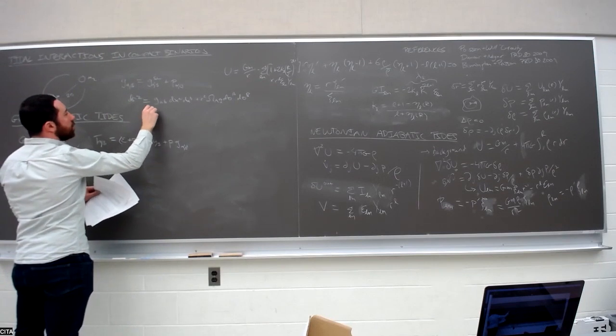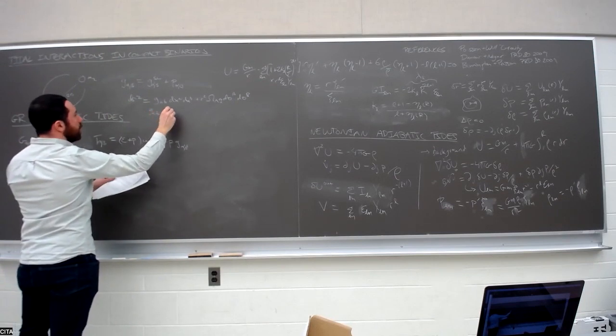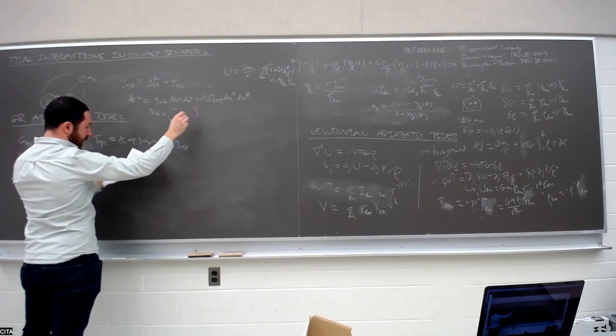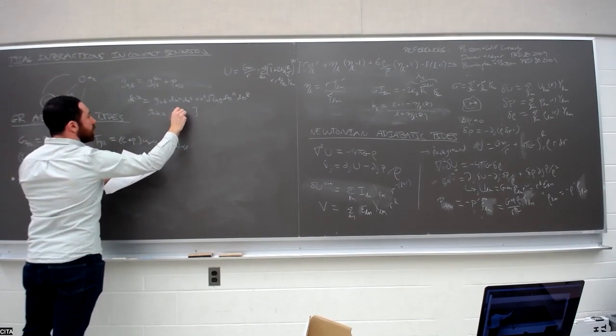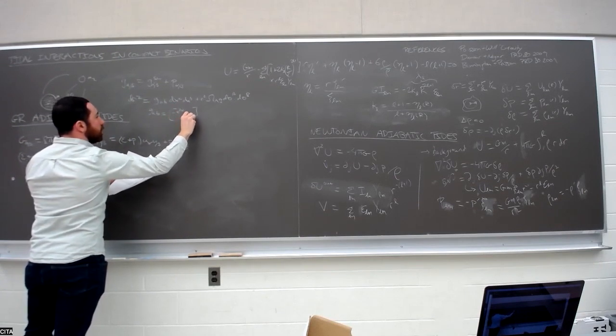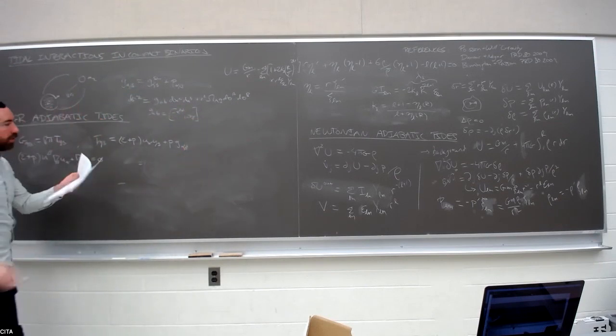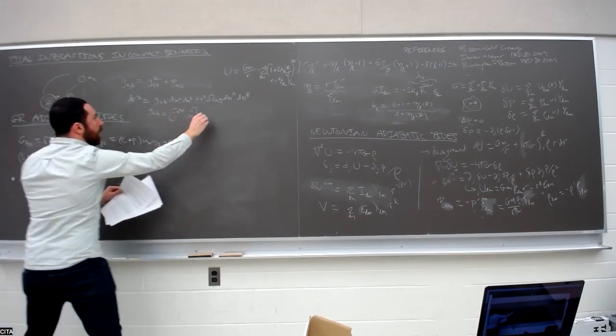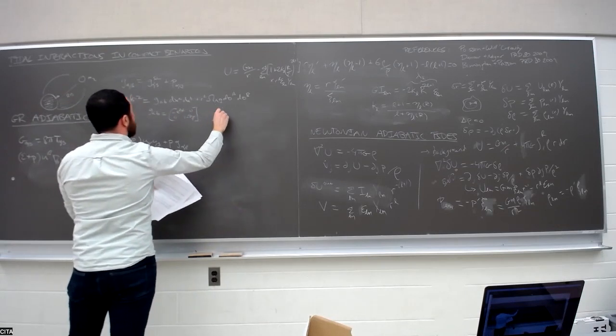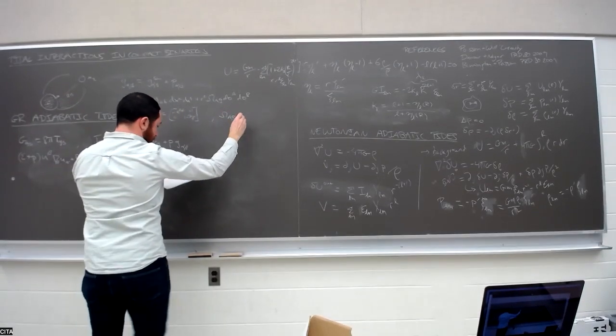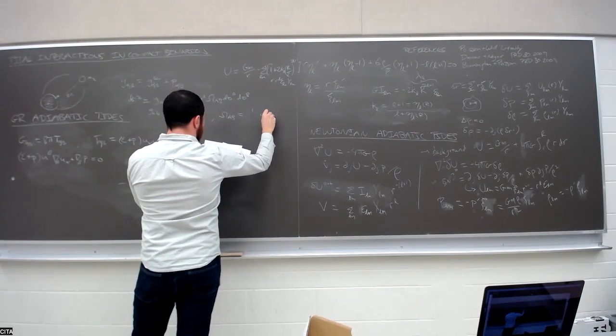Where here g_AB is just going to be, in the standard Schwarzschild coordinates, with 1 minus 2M over r. I'm using G equals c equals 1 units. And then this is just the two-sphere metric.